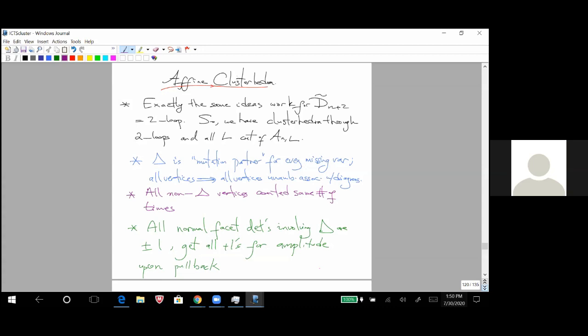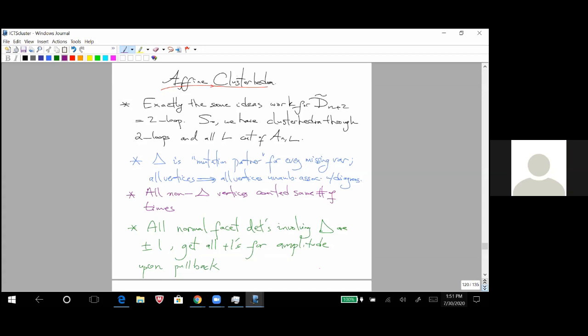The one that we talked about now, in the case with 2 punctures, the one that winds around the 2 punctures, exactly the same ideas work for D_n tilde for the 2 loop planar amplitudes. So we have clusterhedra for 2 loops, for these single trace 1 loop, these double trace 1 loop, which you can reinterpret as this particular all-L cut, so all loop order cut.